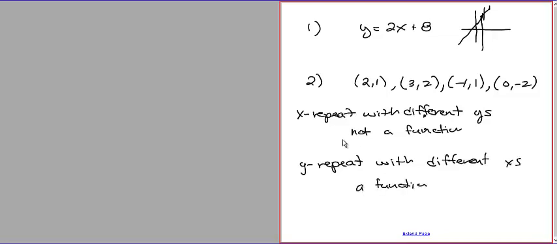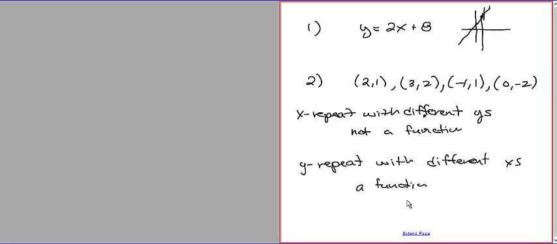As long as you don't have both these happening. So what we see is you can see all the x values are different. So we know that because there's no x repeat, it's a function. Now if you look here, you do have a y repeat, but there are different values of x. So y repeat with different x's, then it is a function.